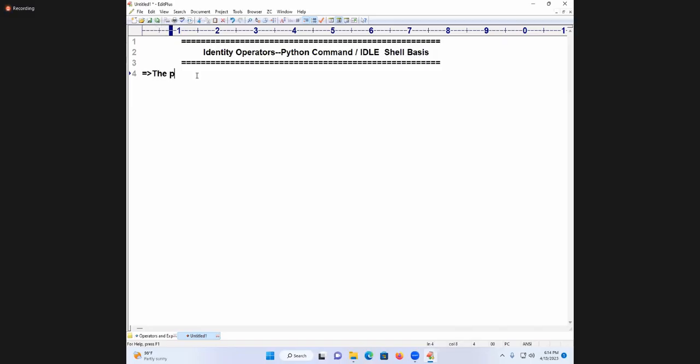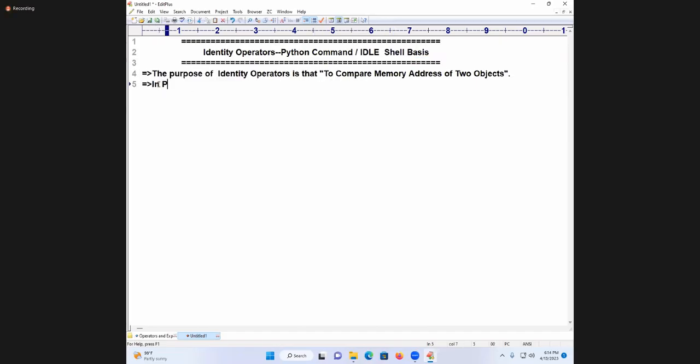Now I'm going to write it. The purpose of identity operators is to compare the memory addresses of two objects. How they compare, we will take care of.